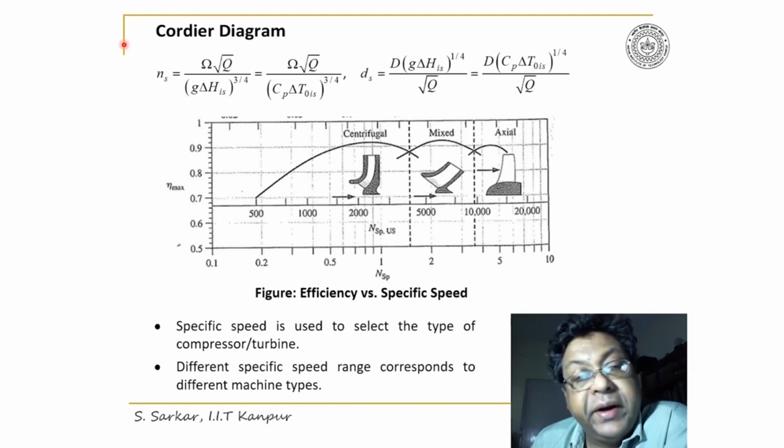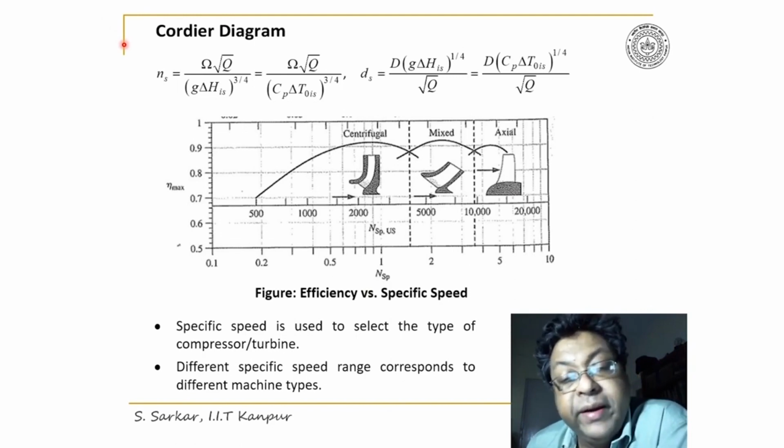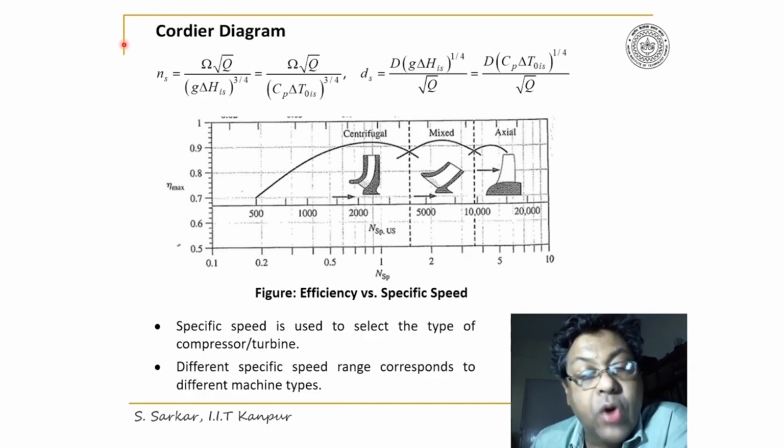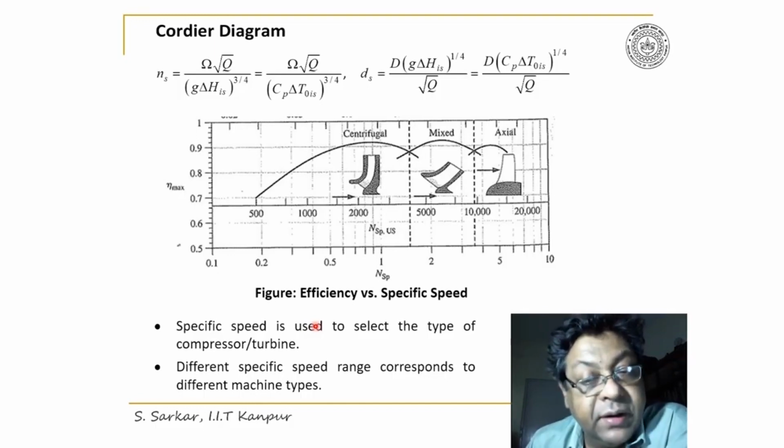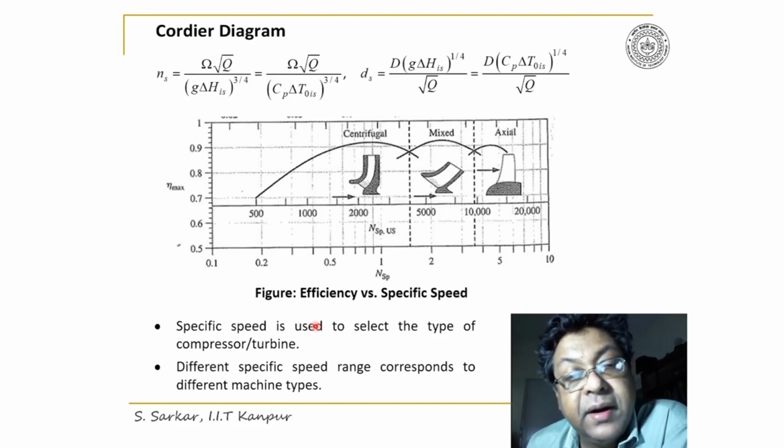I'll illustrate here the Cordier diagram. Before presenting the Cordier diagram, I have presented here efficiency versus specific speed. This had been presented earlier. However, you know the expression of specific speed and specific diameter.